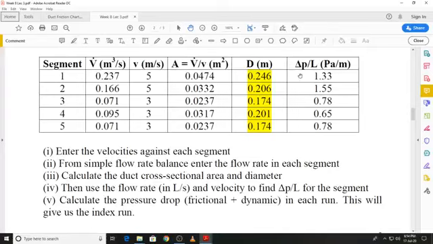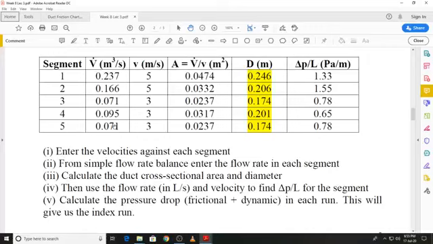And to do that, I will be using the volume flow rate and velocity. Keep in mind that in the friction chart, the volume flow rate is in liters per second, so all these values which are in cubic meters per second have to be multiplied by 1000, so it will be 237, 166, and so on when we use the table.